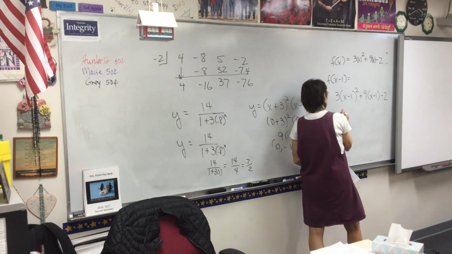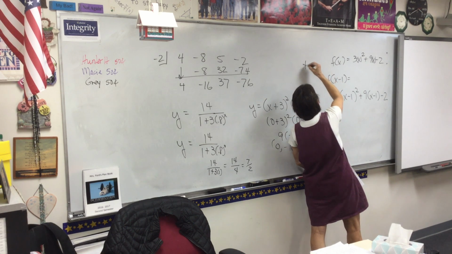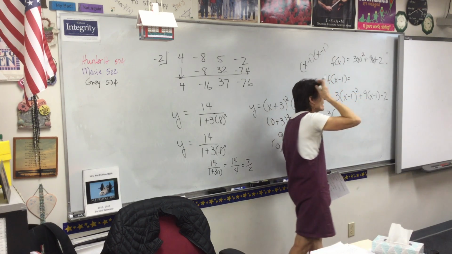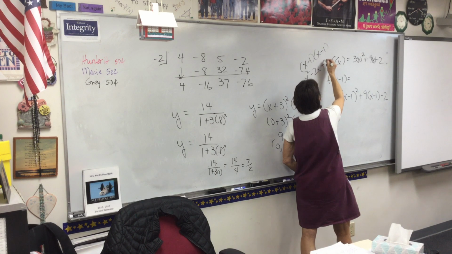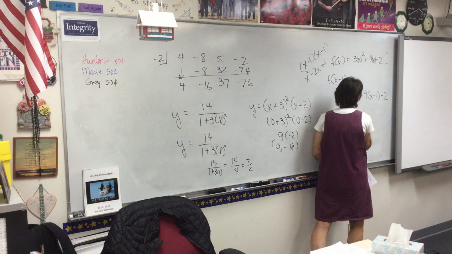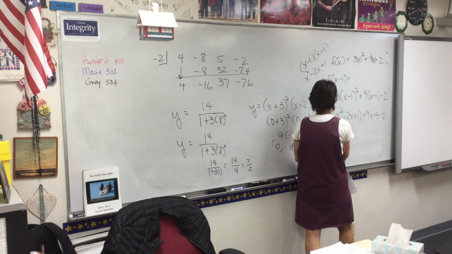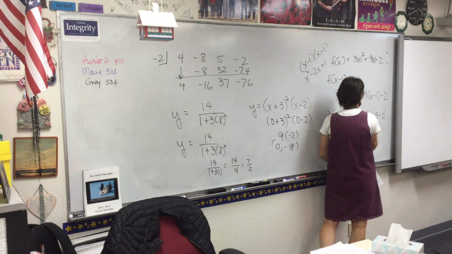This is a FOIL, so please do not get careless. This has to be FOILed out. If you can do it in your head, that's fine, but if you can't, write it down. We're distributing, we're going to do more distributing, and we're going to collect like terms.